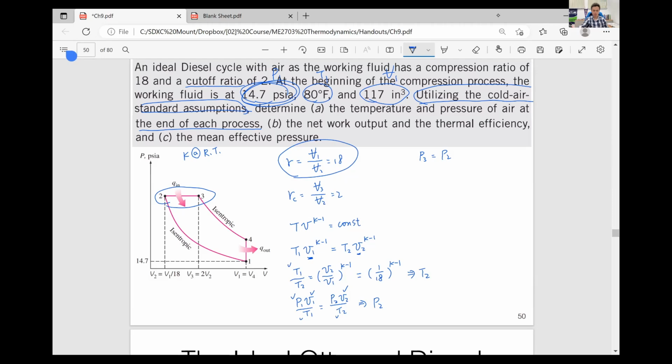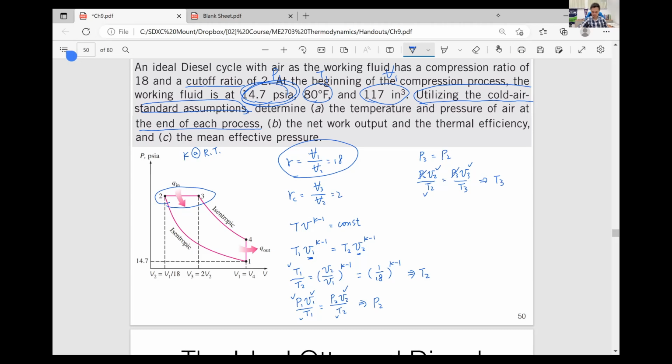Then again, P2 V2 over T2 equals P3 V3 over T3, the ideal gas equation. P2 is the same as P3, and V3 over V2 is the cutoff ratio. Then T2 is known, so we can get T3.